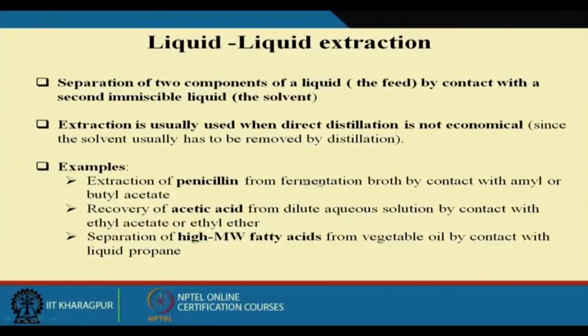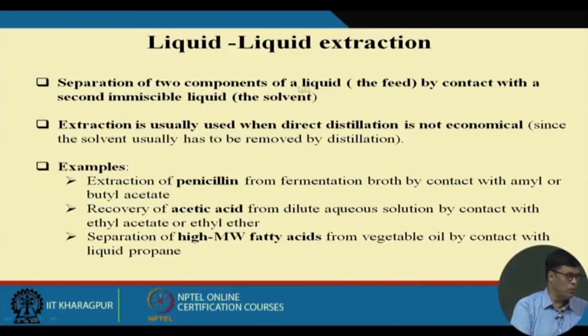Anyhow, now I am going to discuss the liquid-liquid extraction process, which is largely used by the industries. Basically, it is the separation of the two components of a liquid, the feed, by contacting with a second immiscible liquid, the solvent. The solubility of the solute in one solvent will be more as compared to the other. This is on the basis of partition coefficient. So, the extraction is usually used when direct distillation is not economical.